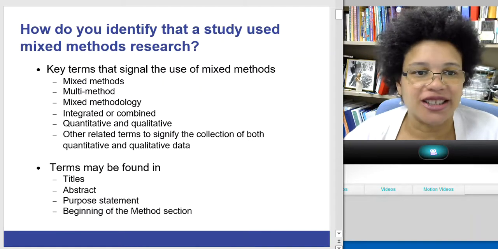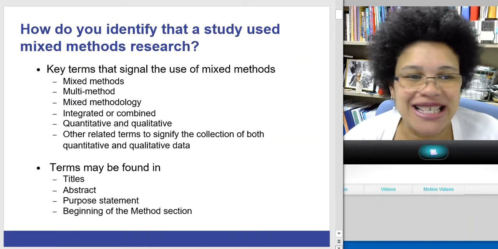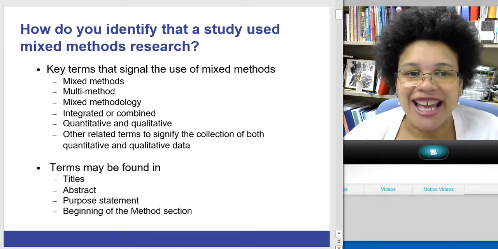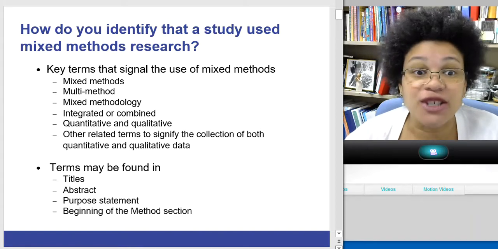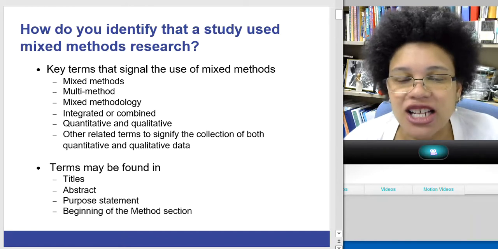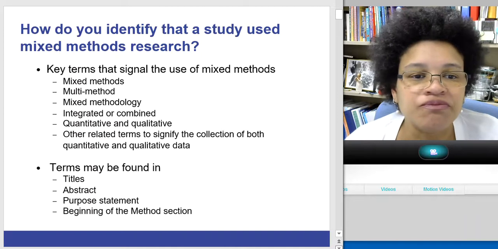Slide 2. How do you identify that a study used mixed methods research? Okay, you'll be looking for key terms. Usually it's pretty clearly stated in the abstract or the title or the purpose statement or the beginning of the methods section.